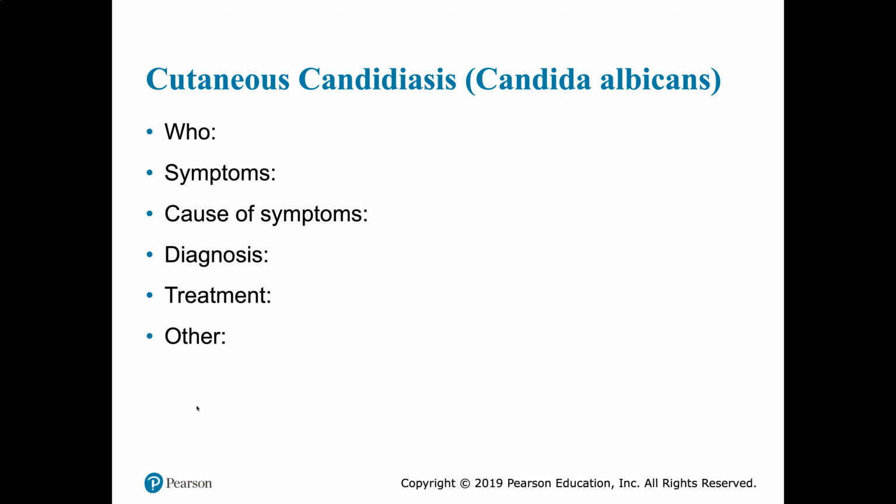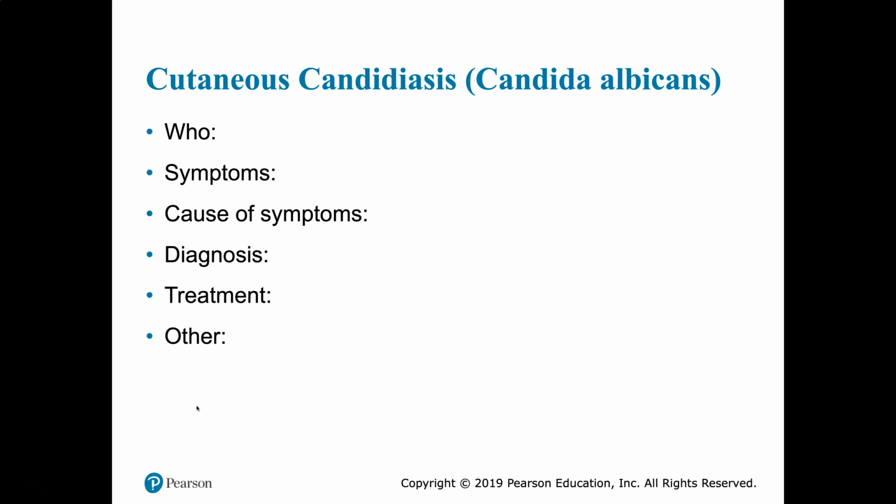Now, in this other category at the bottom here on this slide, there's a couple things I want to point out. I mentioned that Candida albicans is an opportunistic pathogen, and it's found in the female vagina. It's a part of the normal microbiota of the vagina. Now, what's interesting is also in the vagina is bacteria, lactobacilli.